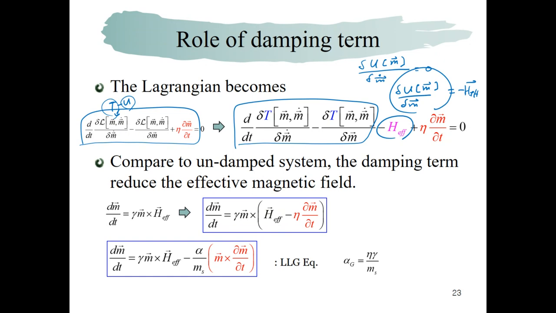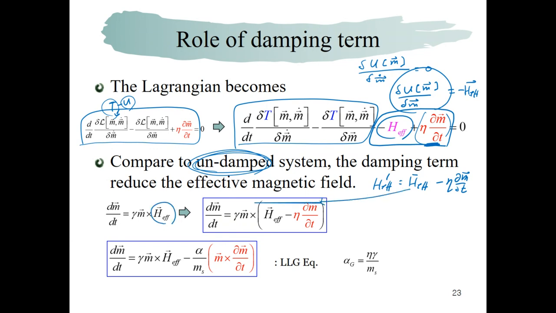Okay. So if we compare to the undamped system where this term does not exist, the role of this term is nothing else but to replace the H effective field with this form. So we can replace this effective field with the damping term here.